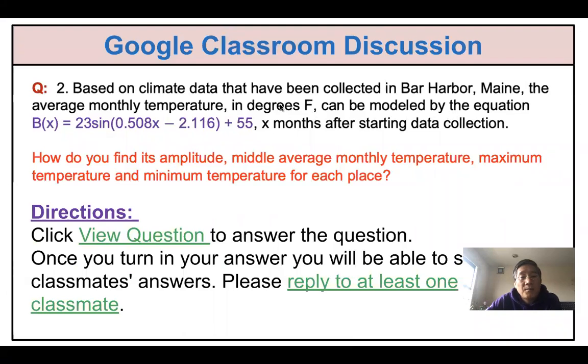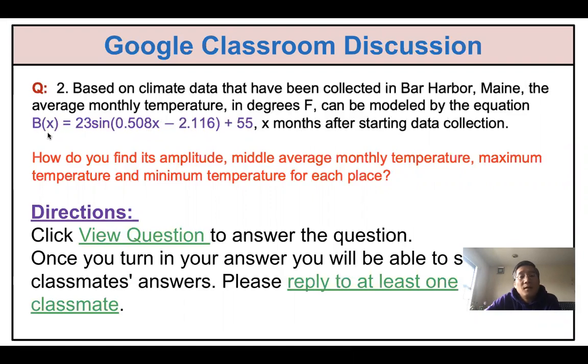So the temperature F is this, right? But what is X? X is how many months after. When X changes, if you plug it in here, you can get the temperature.